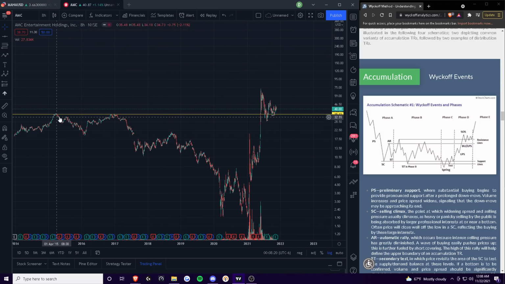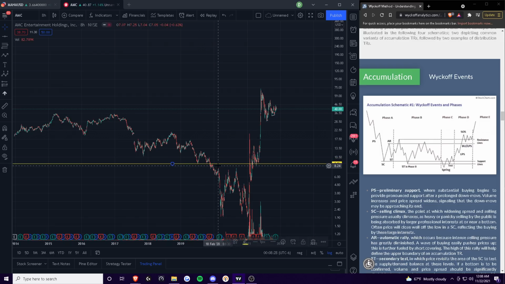What you could say is that this entire thing is kind of becoming an accumulation range, or at least here was an accumulation range. And then you had your sign of strength where you broke above, back up LPS, and then you had your markup phase.